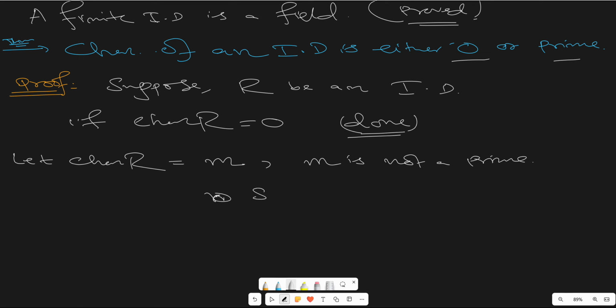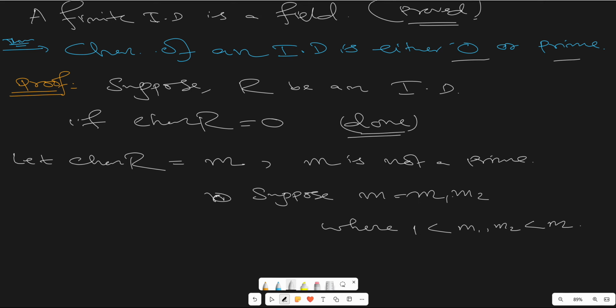Suppose m is m1 into m2. That means if m is not a prime, m is a composite number, so m can be written as m1 m2, where 1 is less than m1 comma m2, which is less than m.